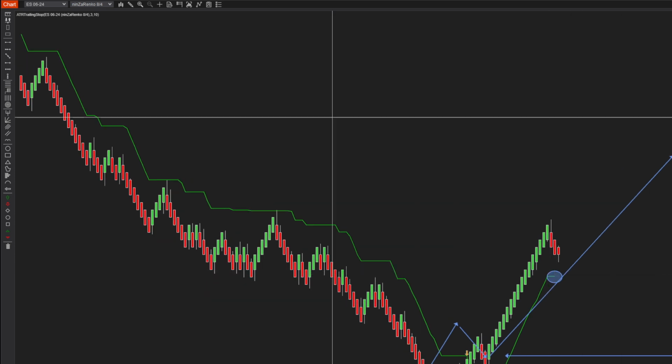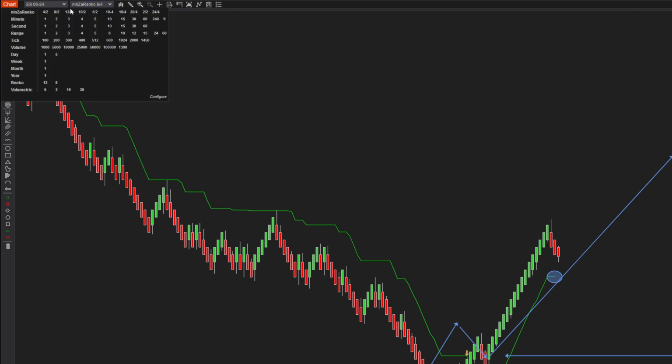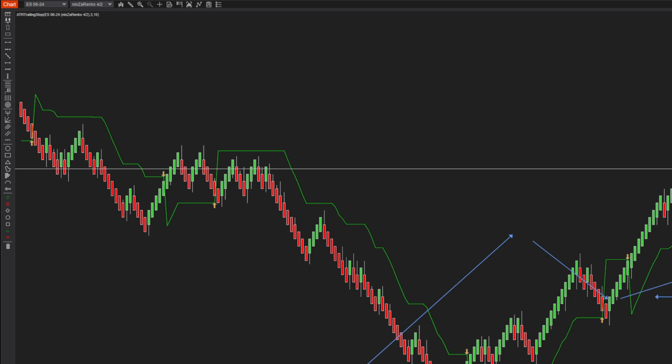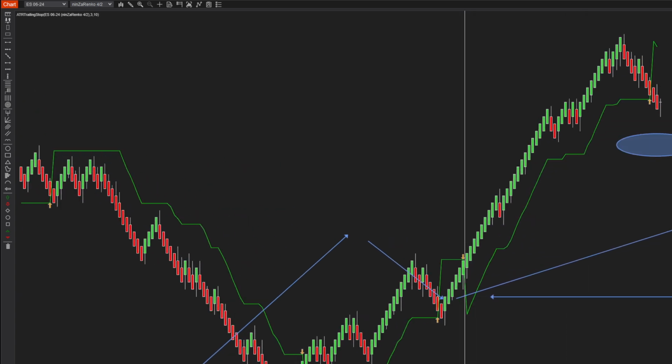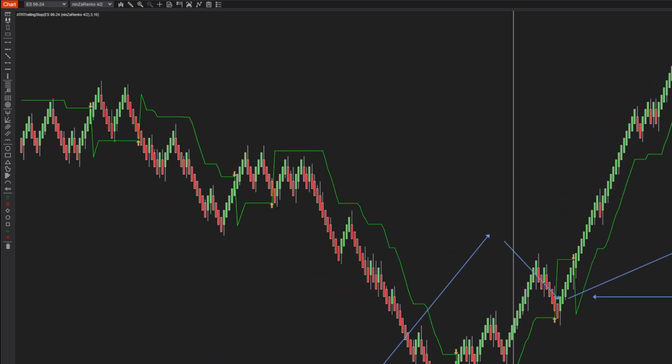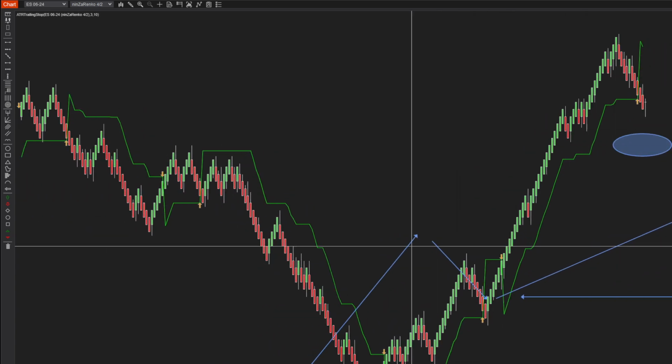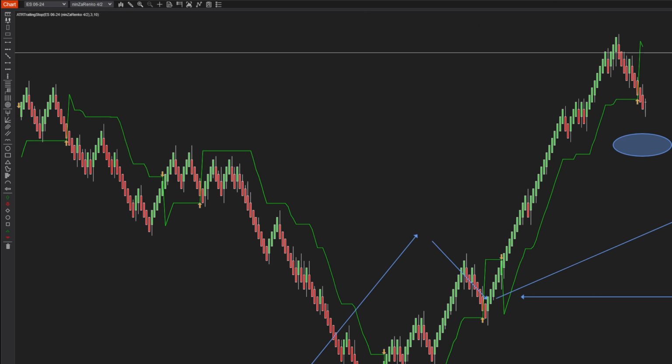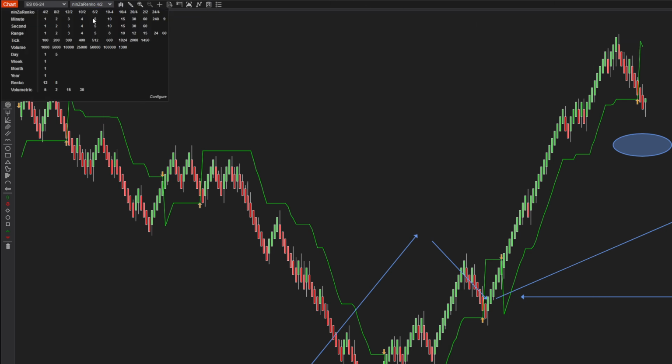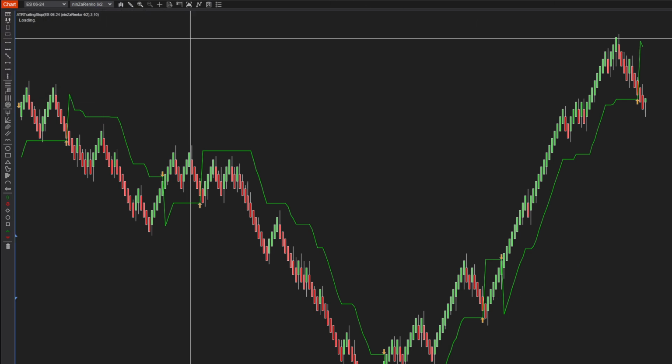Now the chart that I'm showing you here is based on Renko bars, and today we're using 4-2 Renko bars, which you can see how the chart spaces out a lot more, because the bars are a lot smaller than what we normally use.